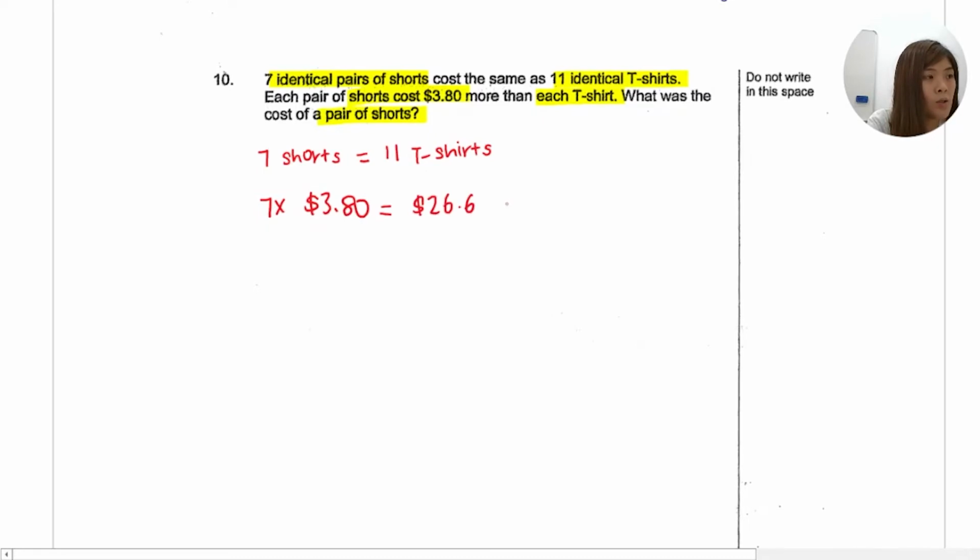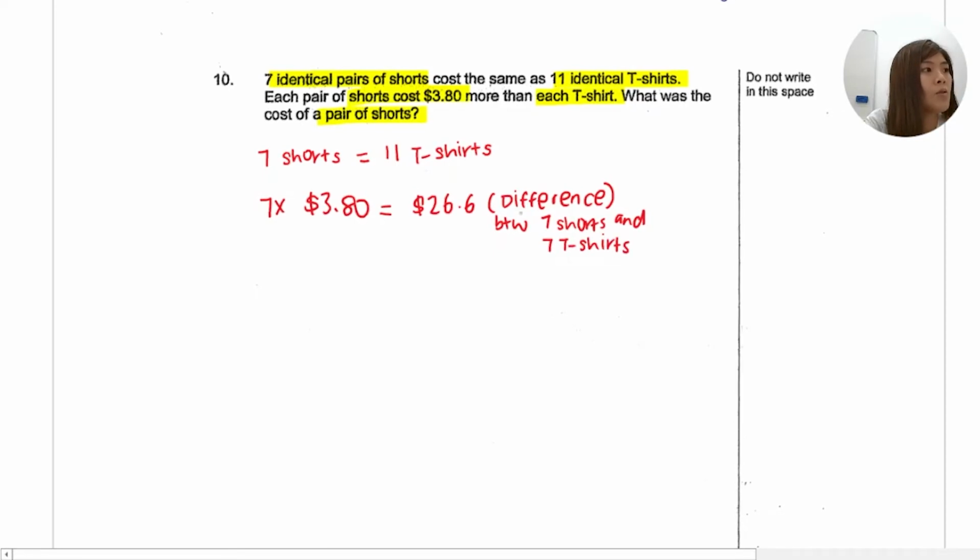Okay, so this is the difference between 7 shorts and 7 t-shirts.